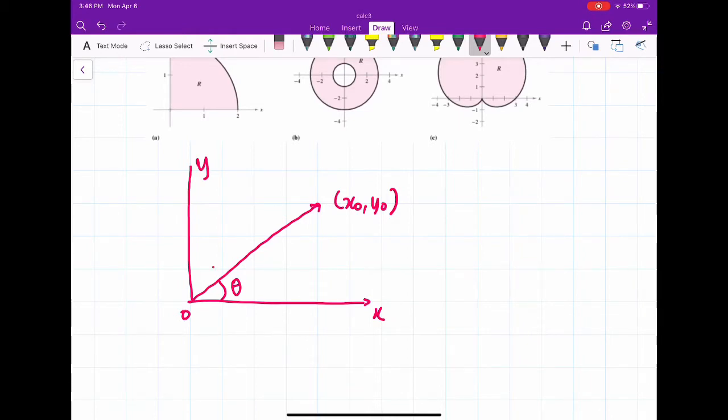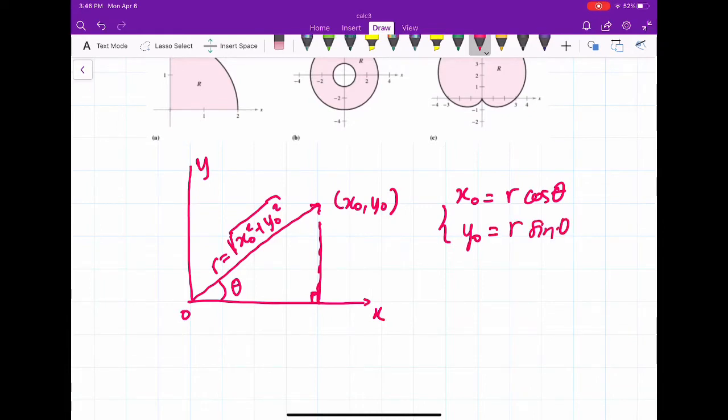Let's denote by r the norm of this vector, which is the square root of x0 squared plus y0 squared. Since this triangle is a right triangle, you have the following relations: x0 equals r cosine theta and y0 equals r sine theta.